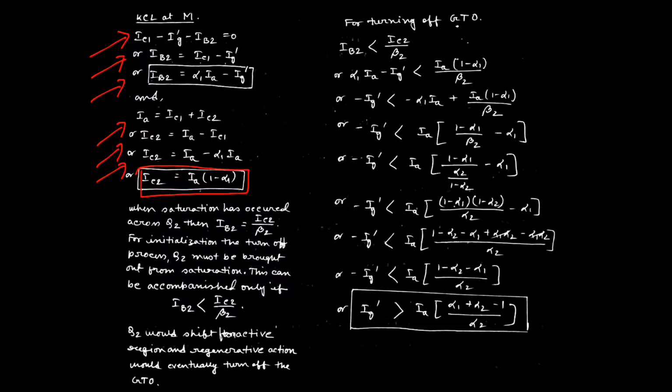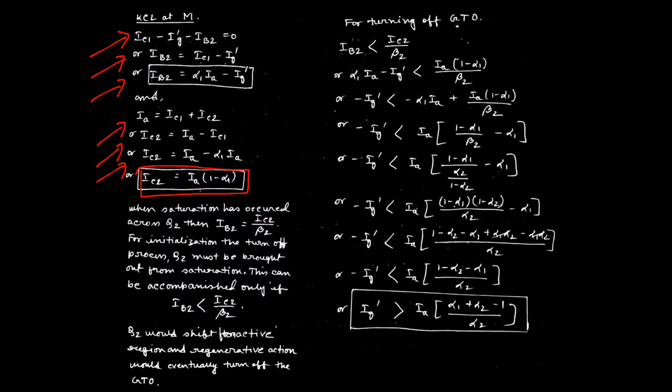In which IB2 means the base current of transistor Q2. If IC2 is the collector current of transistor Q2, we can say under saturation condition, IB2 should be equal to IC2 by beta 2. That is for the saturation condition.